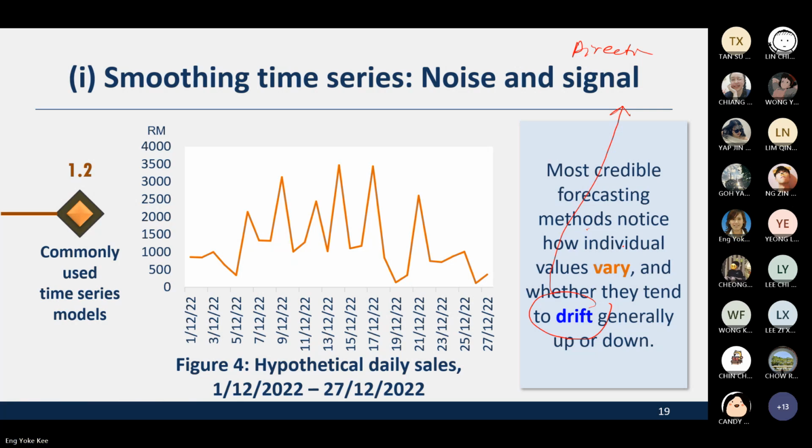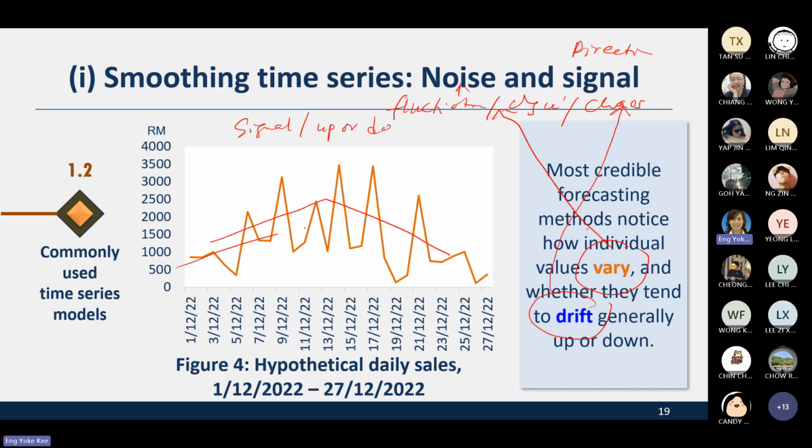Varies, which is the fluctuation, changes, chaos, noise. Okay, so from here, first you try to identify the signal, up or down. It can be like this, like this, like this. You don't know, right?